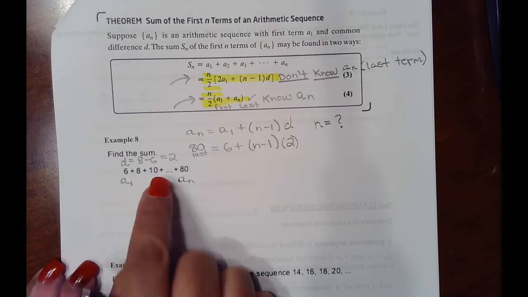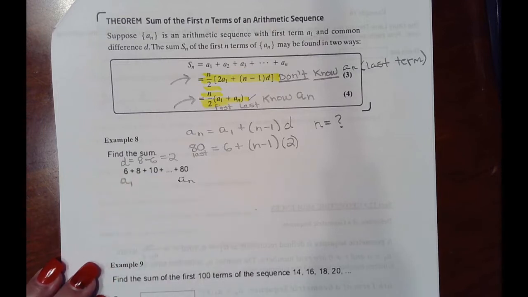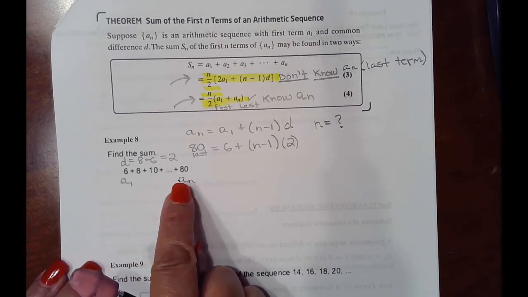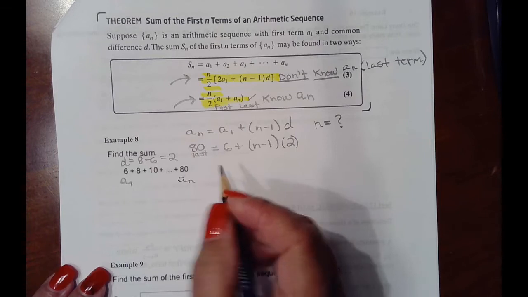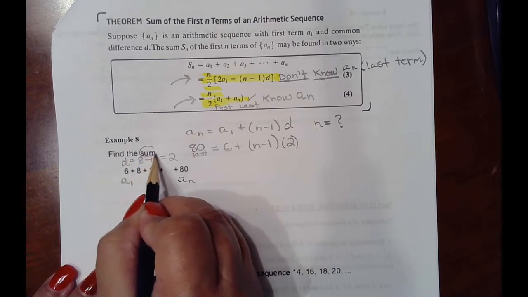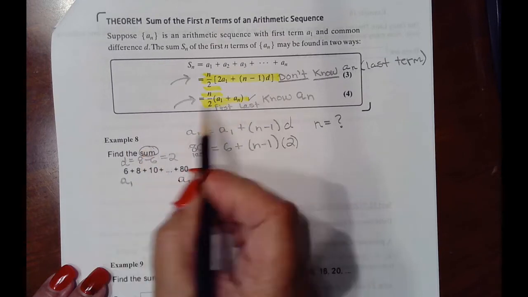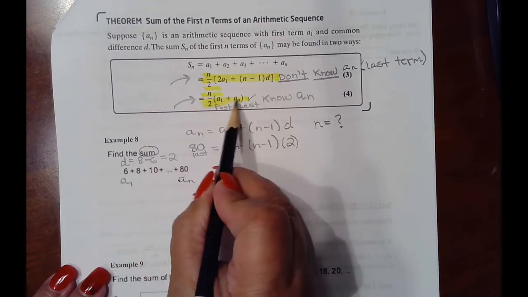Plus 2, plus 2. All you need is 3 numbers in order to be able to check it at least twice. So what I'm going to find out right now is how many values there are before it gets to this 80, and therefore I'll know the n value so that I can finally answer the question of what the sum is, which, as I stated, I'm going to use this formula right here.